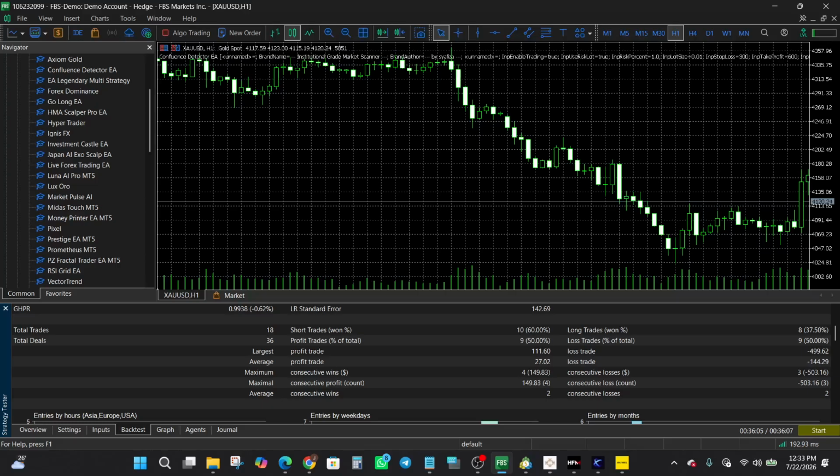Overall, the Confluence Detector EA brings a multi-layered approach focused on confluence zones with solid risk tools and filters. It may appeal to traders who like scanner-style systems that emphasize alignment across time frames and factors, especially those using MT5 and interested in prop firm compatible features or detailed risk controls.